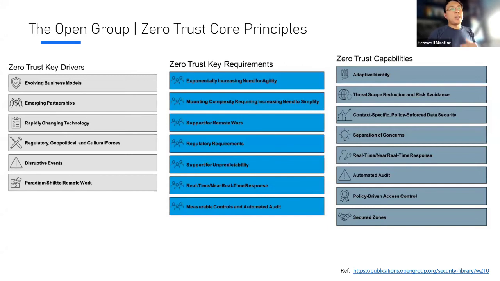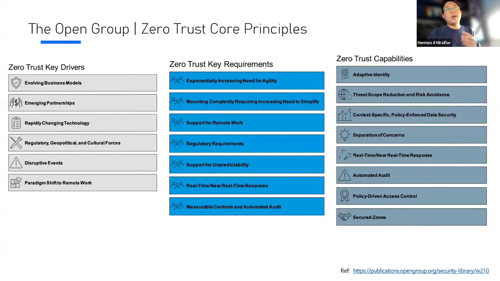And then once you dive into zero trust, they have also identified the different kinds of requirements to make zero trust work. Ano ba yung tamang way of doing zero trust? So zero trust should be able to support remote work, for example. It should be able to comply with different kinds of regulatory requirements. It should have the capability to support any kinds of unpredictable behaviors within the network. And it should also have real-time response. So those are just some requirements of zero trust implementation.